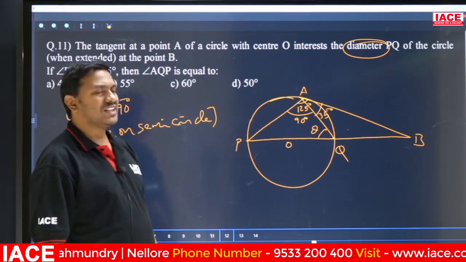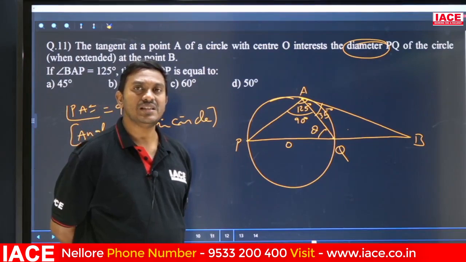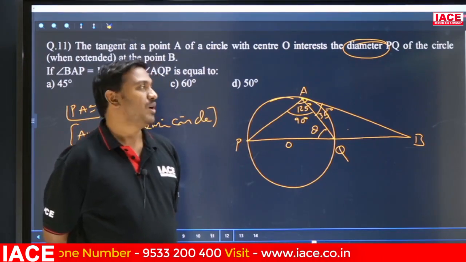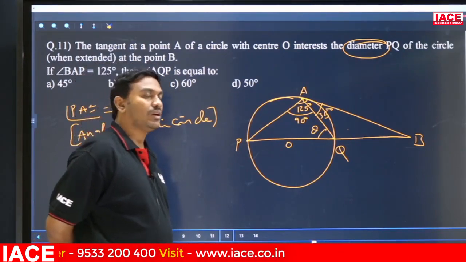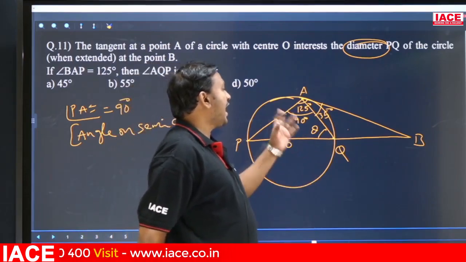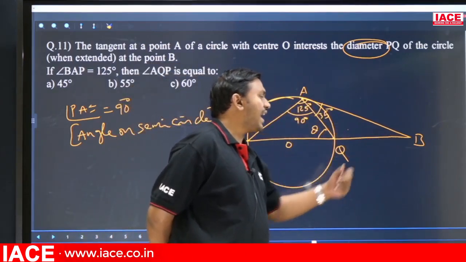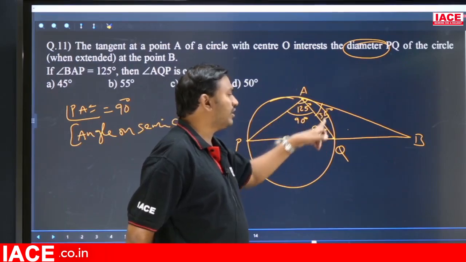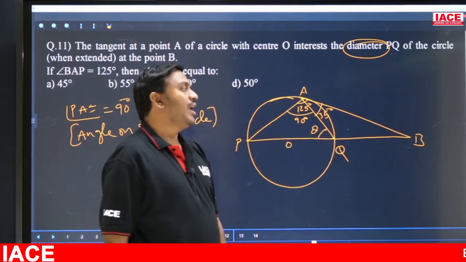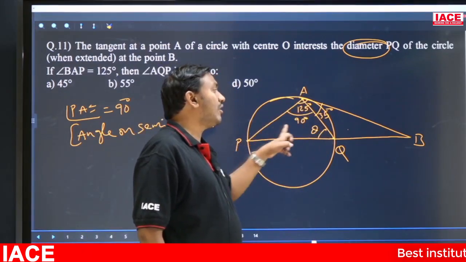Next, what is the next theorem we have to know? That is the alternate segment theorem. What does the alternate segment theorem say? The angle made by the tangent and chord is always equal to the angle made by the same chord on the alternate segment.